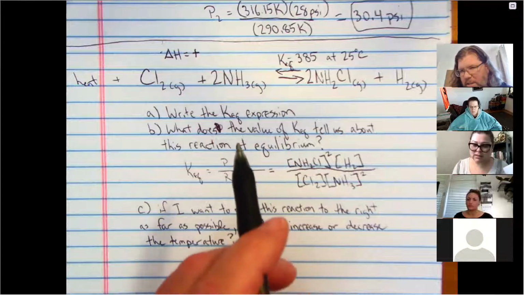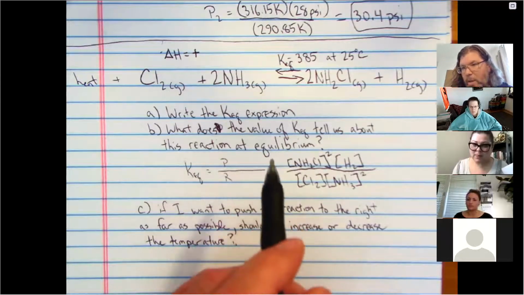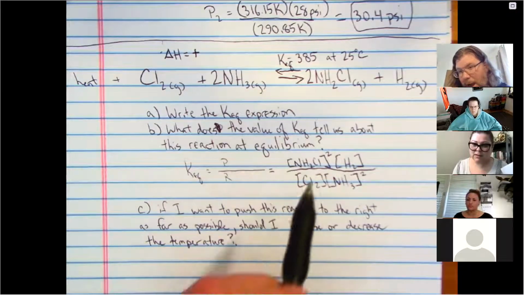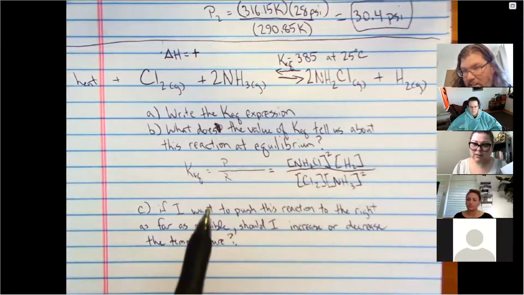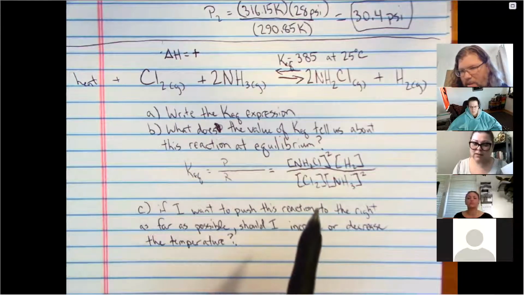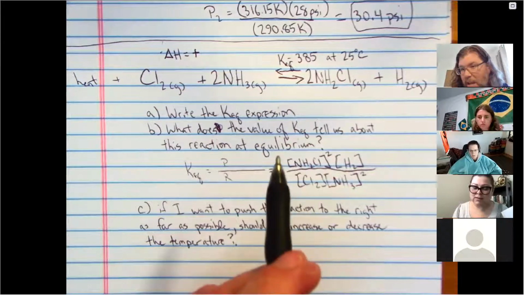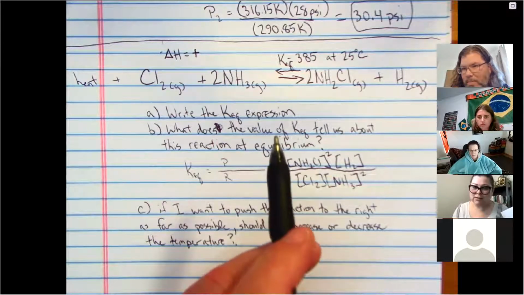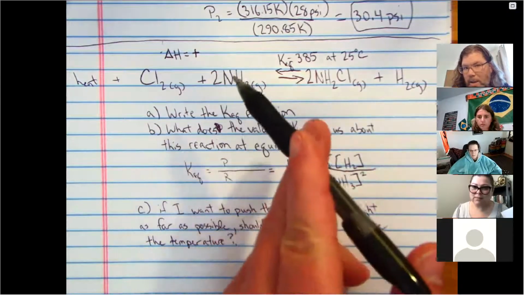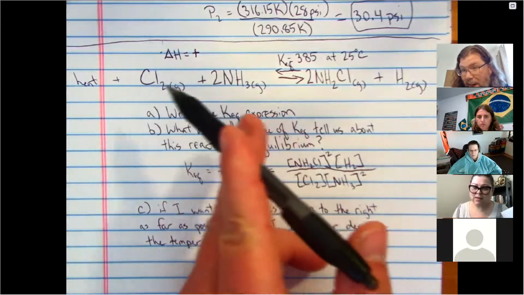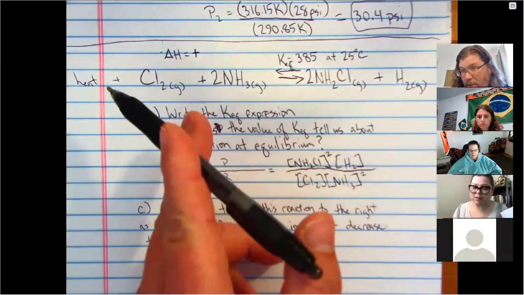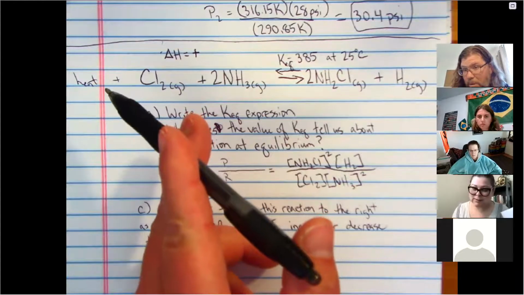If we decrease the temperature of the reaction, Le Chatelier's principle tells us the reaction will respond by increasing its temperature, right? So how would this reaction increase its temperature? By not producing as much. It would shift to the left if it needed to increase its temperature, right?